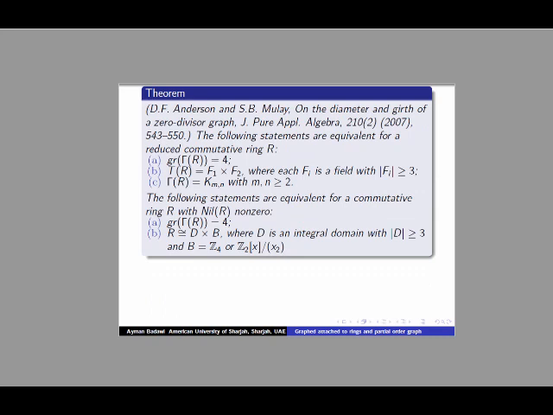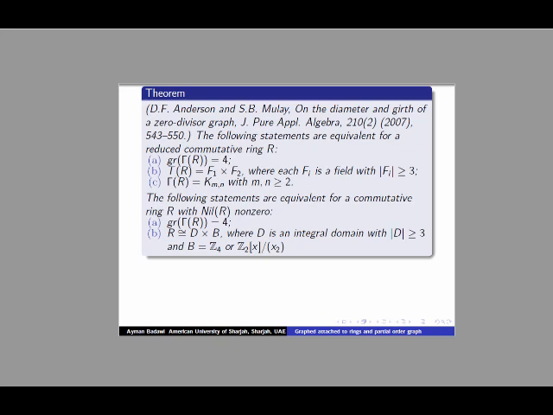In this paper in 2007, David Anderson and Mulay, the following statements are equivalent for a reduced commutative ring. What do I mean with reduced commutative ring? A reduced ring means 0 is the only nilpotent element.